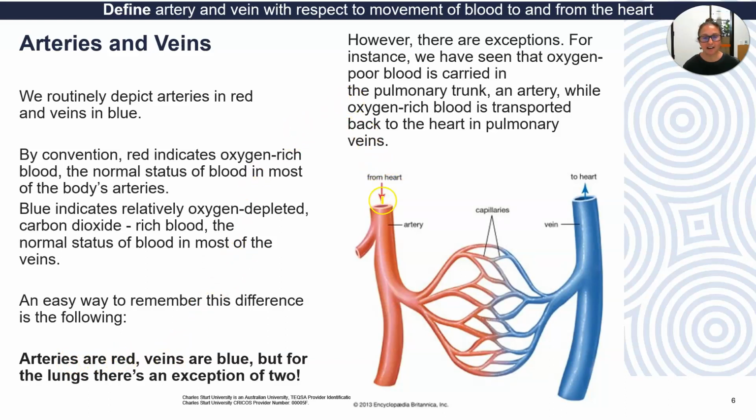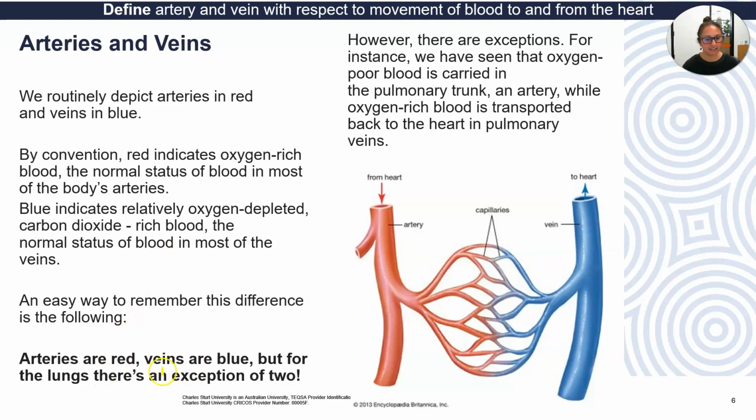So we know that arteries deliver blood to the tissues, so take blood away from the heart and to the tissues, and veins drain the blood from the tissues and bring it back to the heart. But there is one exception, and that is in the pulmonary trunk.